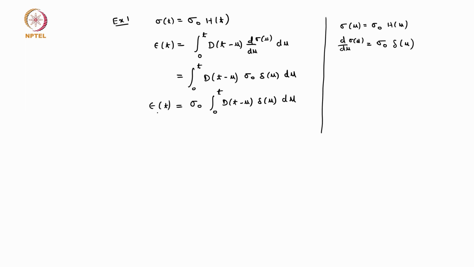Now, to solve this integral, I need to recall the convolution integral. We will look at this in the next week, but quickly I will show you the formula and use that to solve this problem.